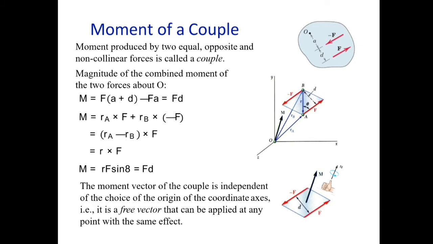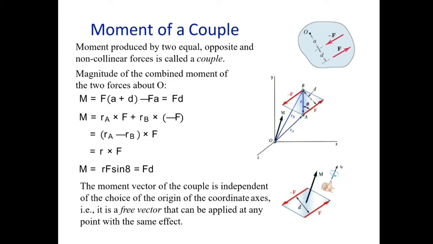Ra minus Rb is nothing but the R vector, as we have already gone through this vector calculation. So the moment will be equal to R cross F. This R is the distance between the two origin points A and B.